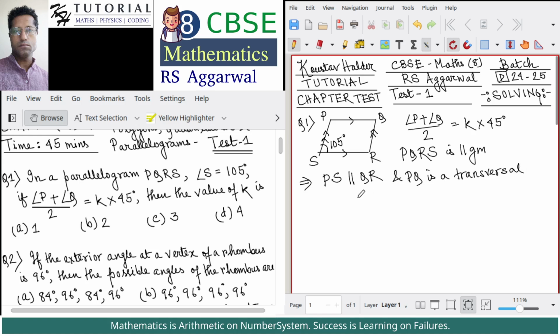Well, I think directly we can say, what I am trying to say is that angle P and angle Q are adjacent angles, and since PQR is a parallelogram, we know that in a parallelogram any pair of adjacent angles are supplementary, that is their sum is 180 degrees.